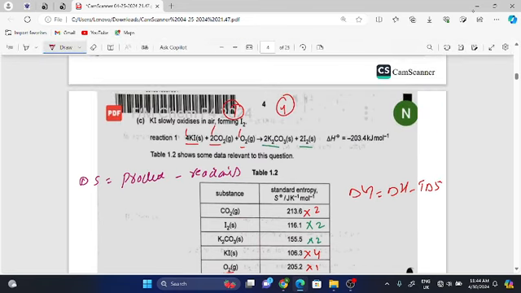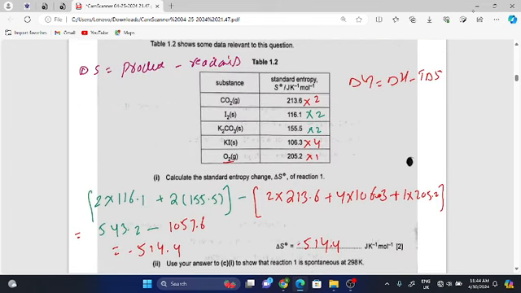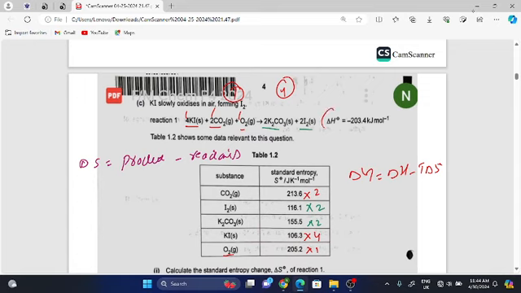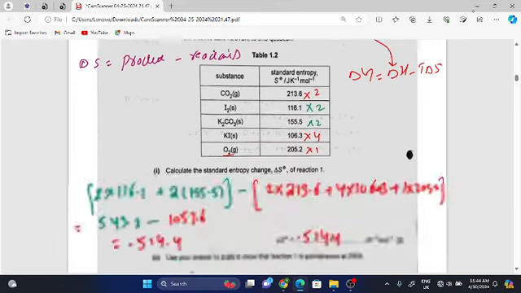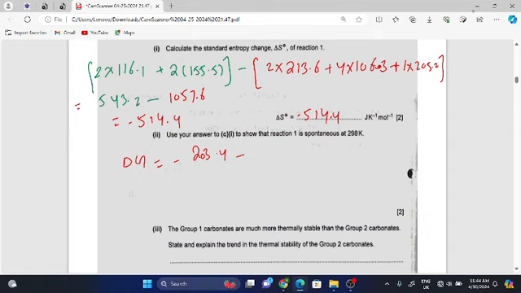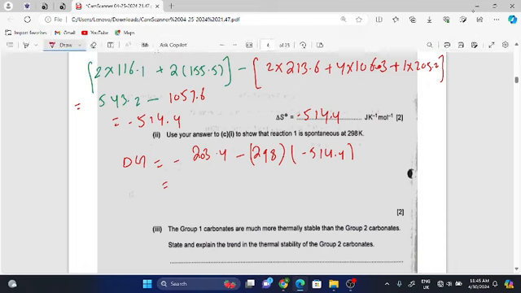Delta H is given to me over here, that is negative 203.4. So at this place I can write negative 203.4, minus the temperature, which is 298, times the delta S I calculated, the entropy change, negative 514.4. Just solve it to get the value for delta G.